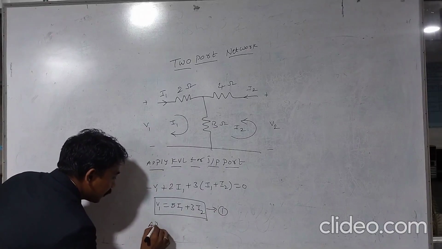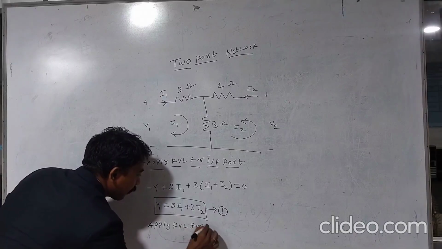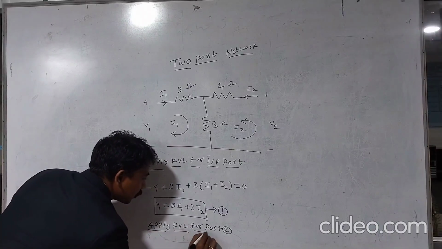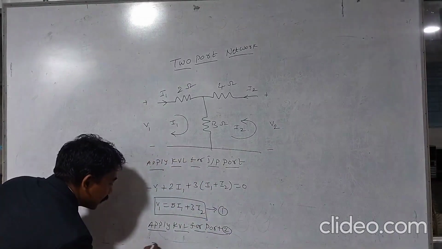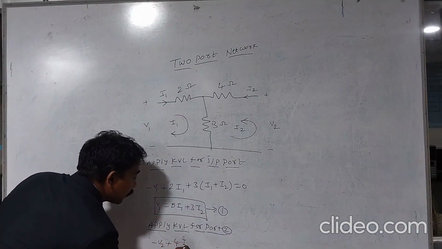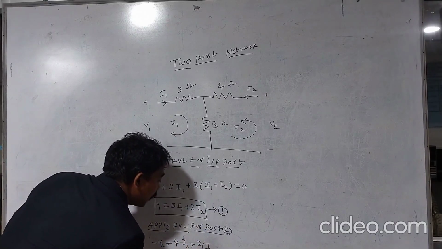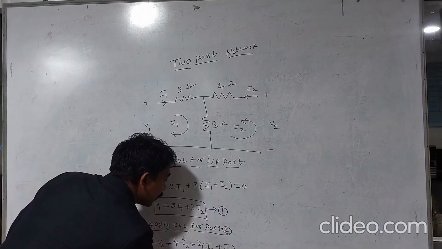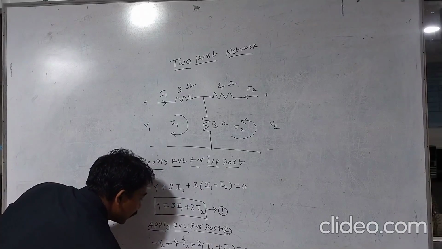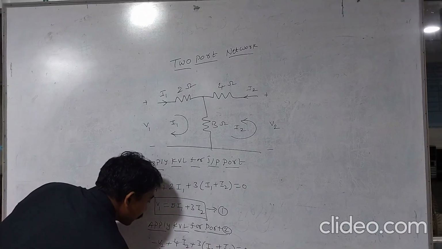Now apply KVL for port 2, the output port. Minus V2 plus 4 I2 plus 3 into (I2 plus I1) equal to 0. So V2 equal to 3 I1 plus 7 I2.